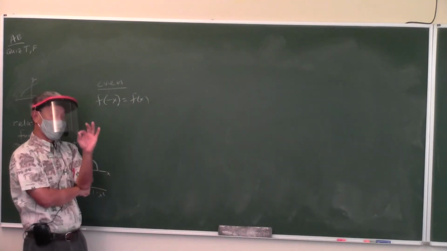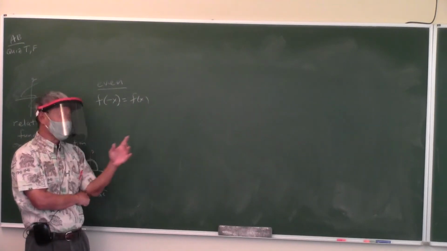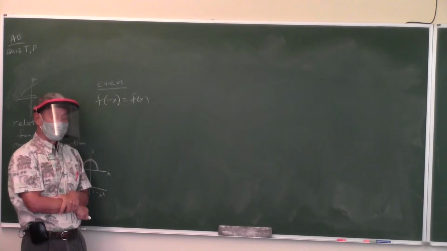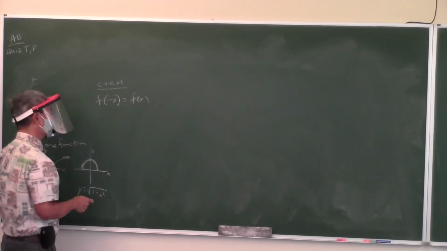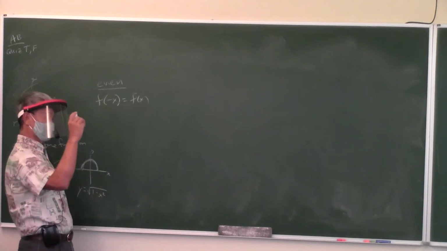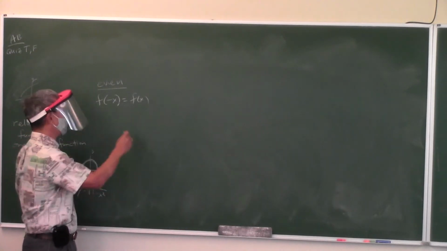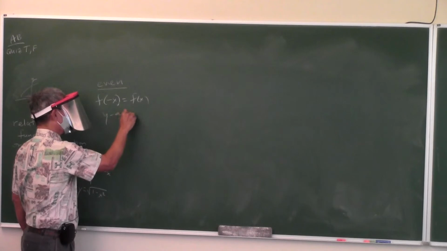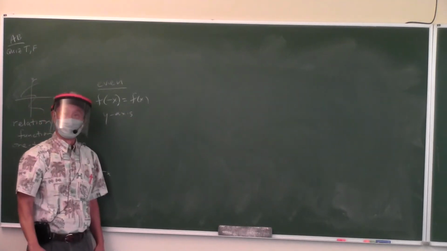If you plug in negative x into the original function, you get the same thing you started with. And an even function is always symmetric about the y-axis.